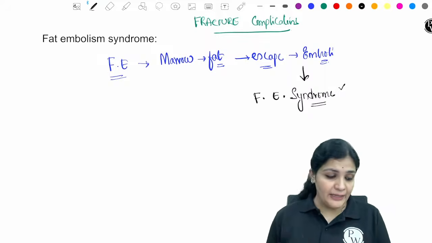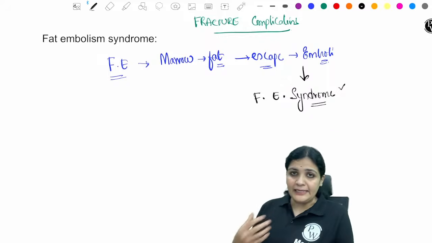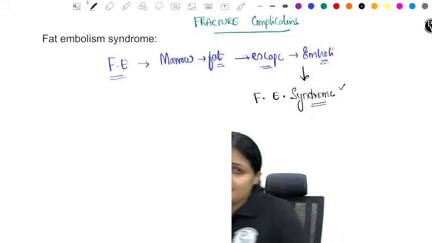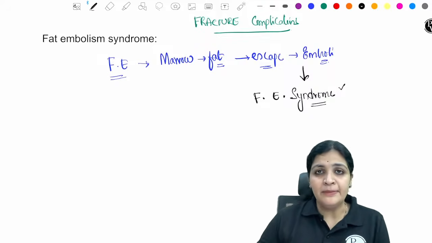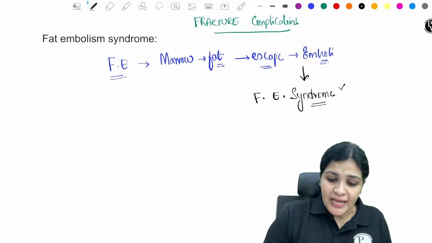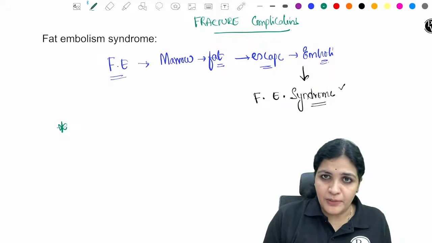Fat emboli can be present in multiple ways sometimes, but whenever there are clinical signs and symptoms, this will result in the fat embolism syndrome, which is a very important and very common complication expected in orthopedics. So where do you see this fat embolism syndrome? That is the first thing.